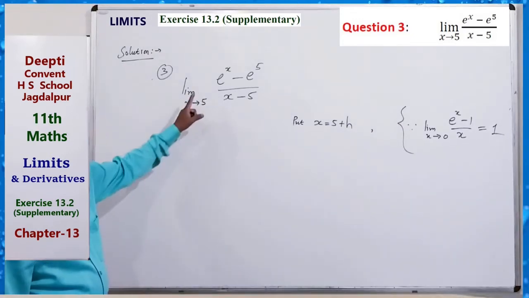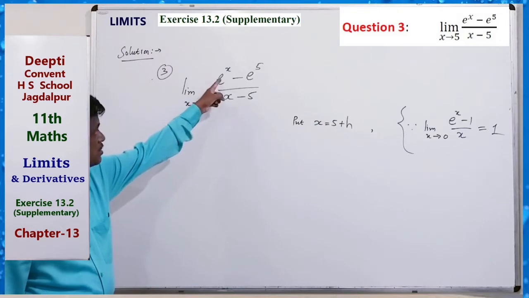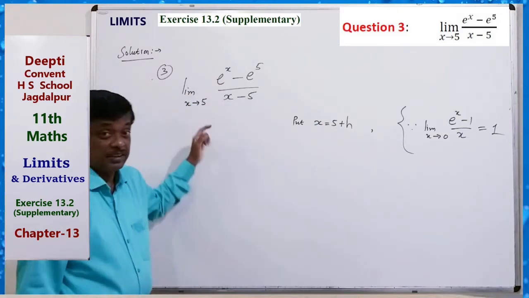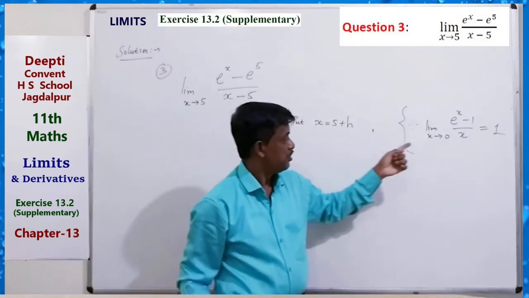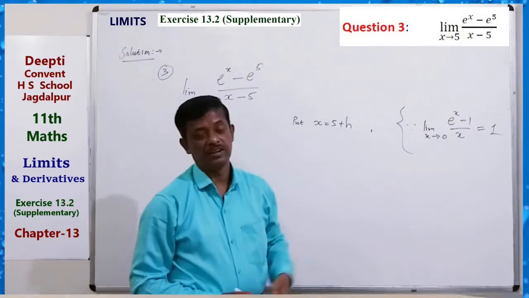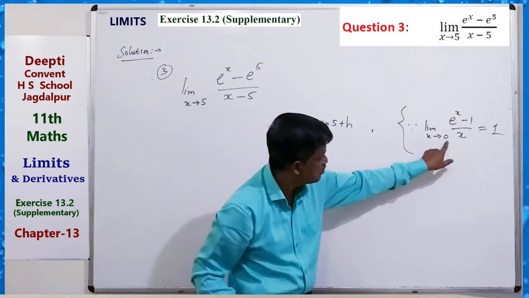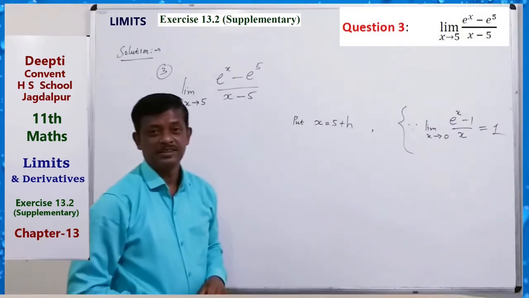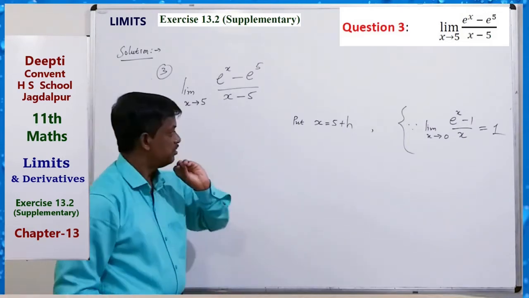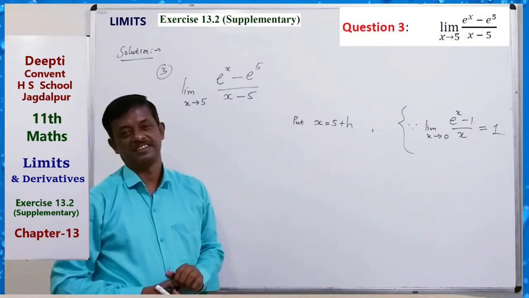Now, for finding this limit as x tending to 5, because if we want to use this formula, here x is tending to 0 but in our case x is tending to 5, so we substitute like this.